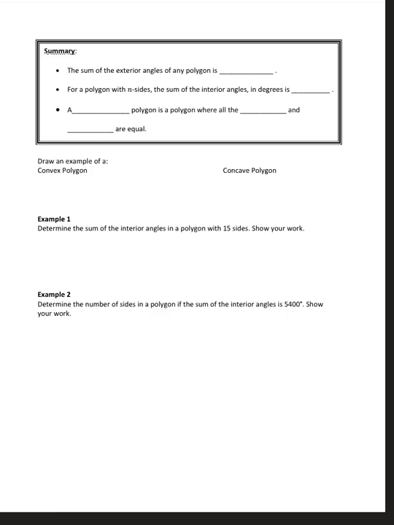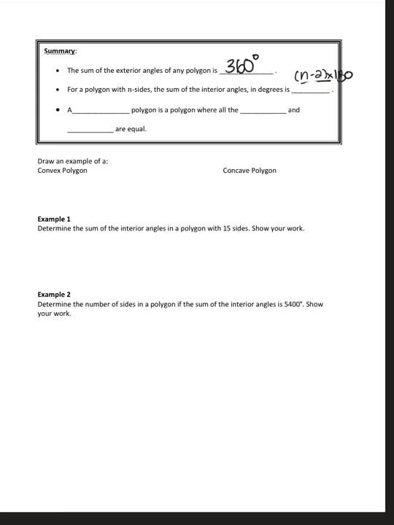Okay, so let's run through this summary super quick. Remember that the sum of the exterior angles of any polygon, those outside angles, is going to add up to 360 degrees. Remember that for any polygon with n sides, the sum of the interior angles in degrees is going to be n minus 2 times 180.